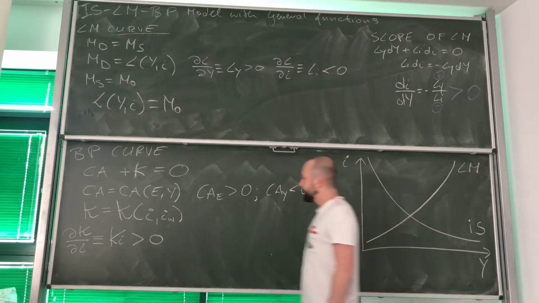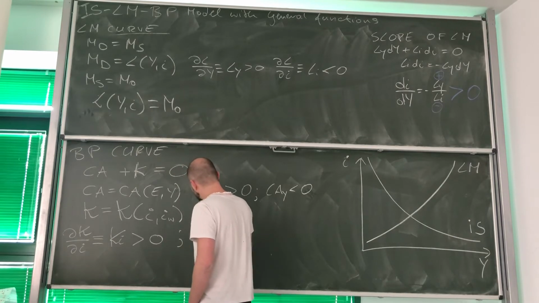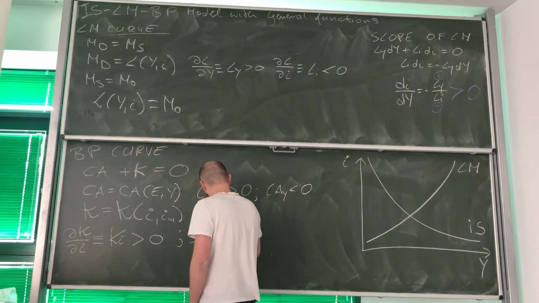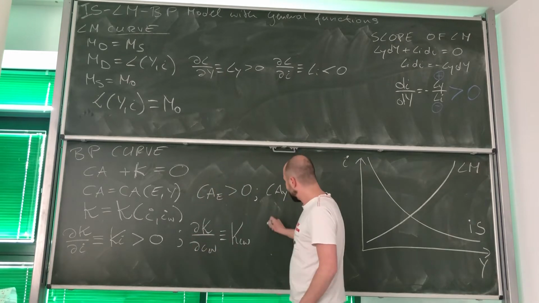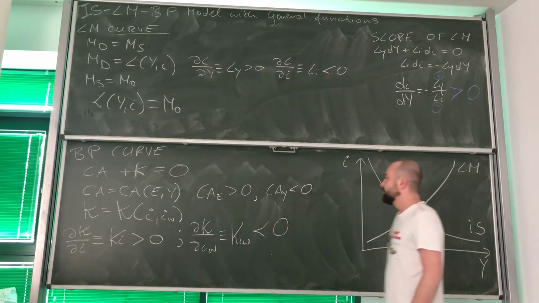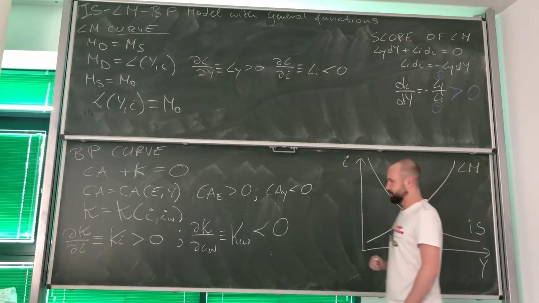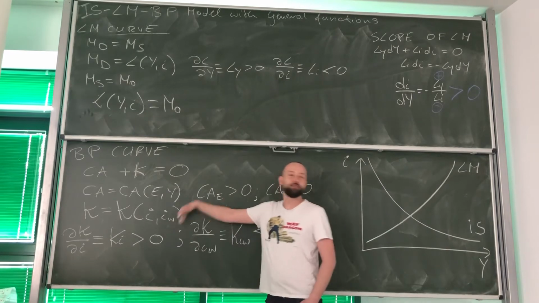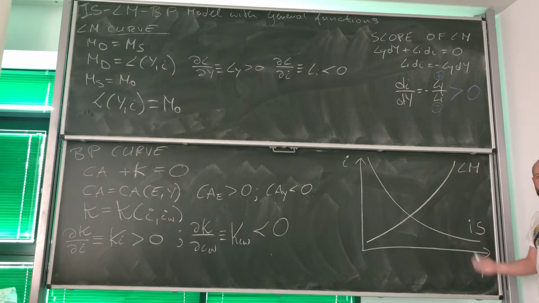And look, the reverse must hold for the world interest rate. It needs to be negative. Why? Well, while holding the domestic interest rate constant, if the world interest rate goes up, it means that foreign assets are becoming more attractive.